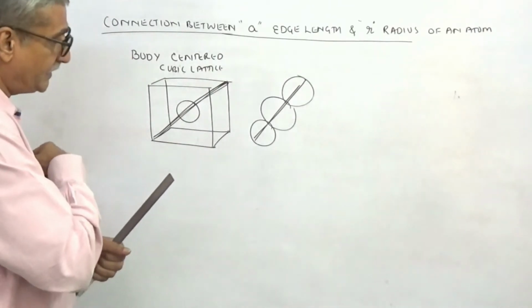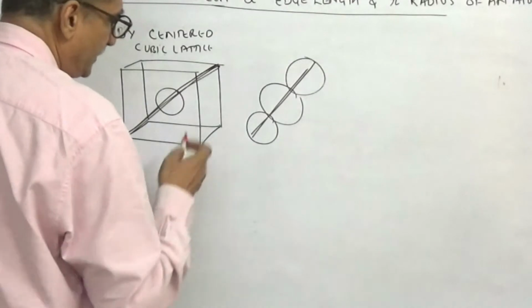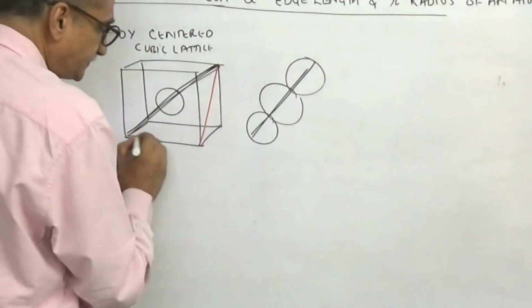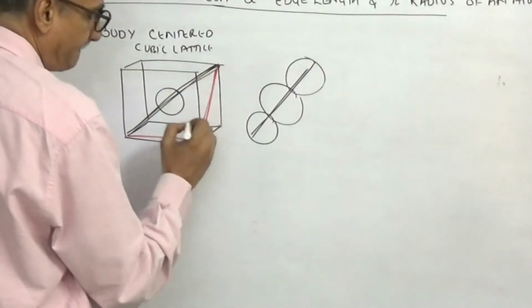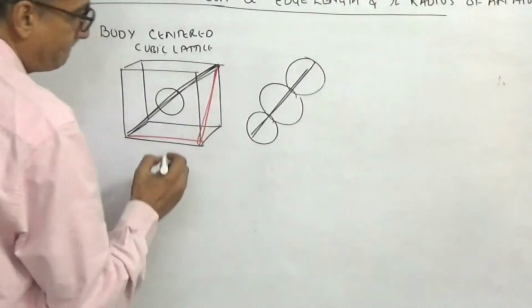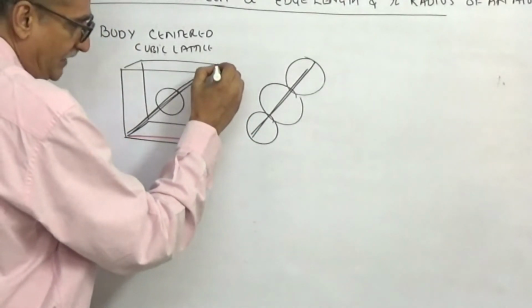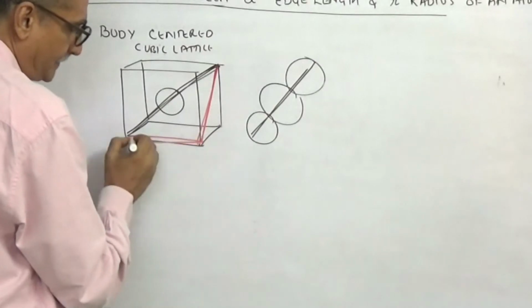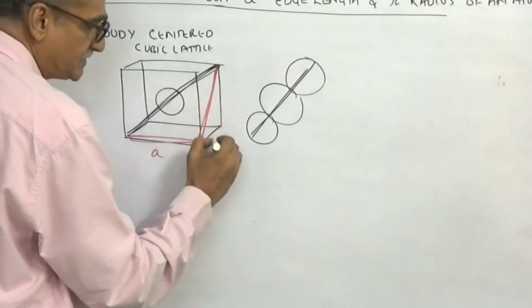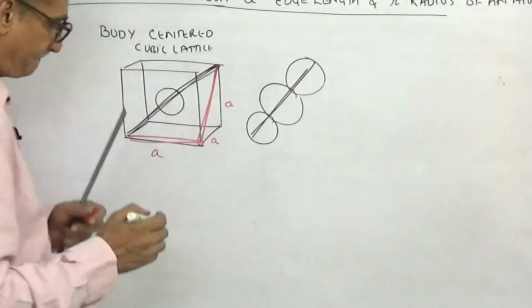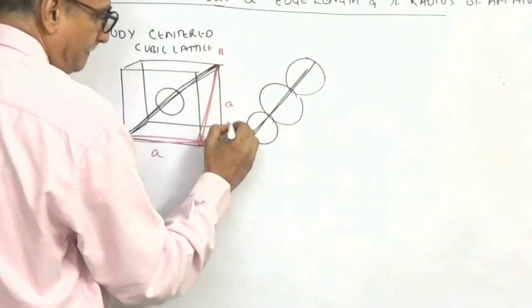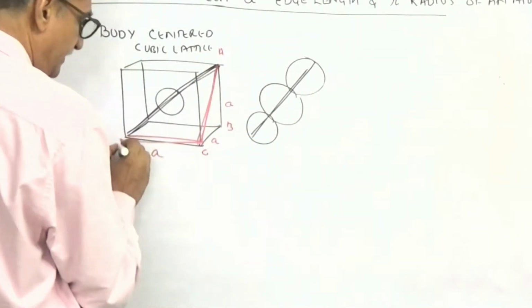Then how do we get the value of that in terms of R? First take this. This is A. So here, how will you get the value of this? This is A and this is A. So we have a triangle ABCD.